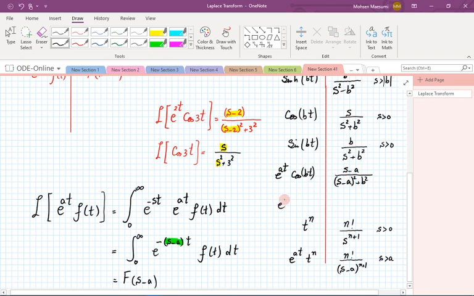Same with the sine, exponential of at sine of bt. There's no substitution to do in the numerator because there's no s there. s minus a squared plus b squared, and these have the same restrictions. s now is larger than a.